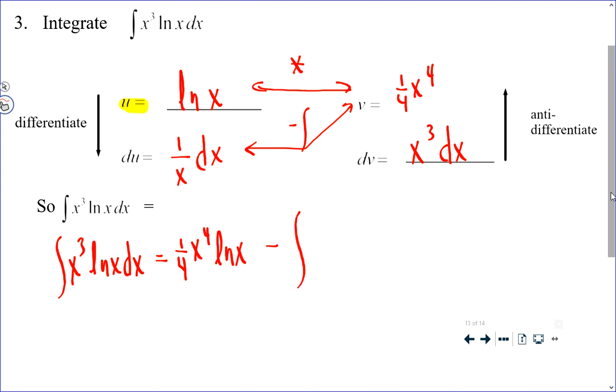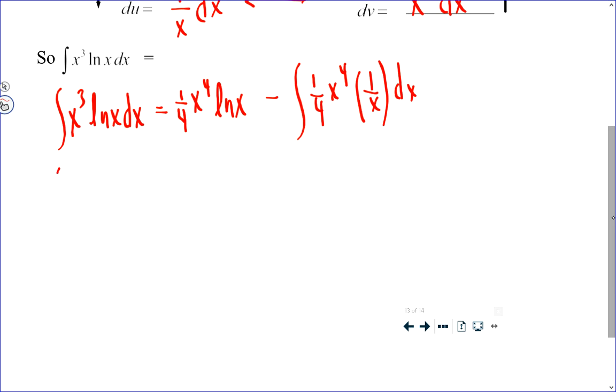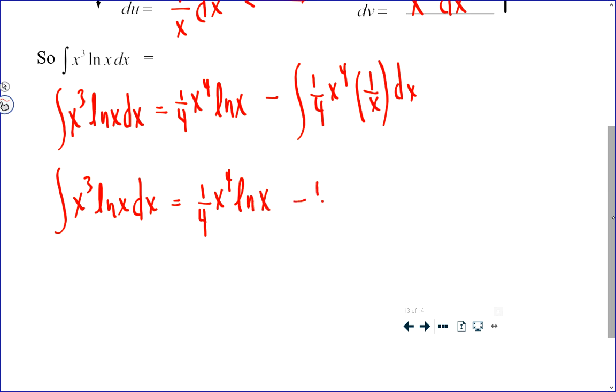Minus the integral of 1/4 x to the 4 times 1 over x dx. The integral of x cubed ln x dx equals 1/4 x to the 4 ln x minus 1/4 the integral of x cubed dx. We can factor that quarter out.